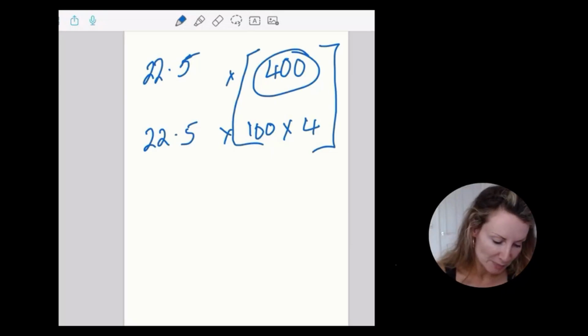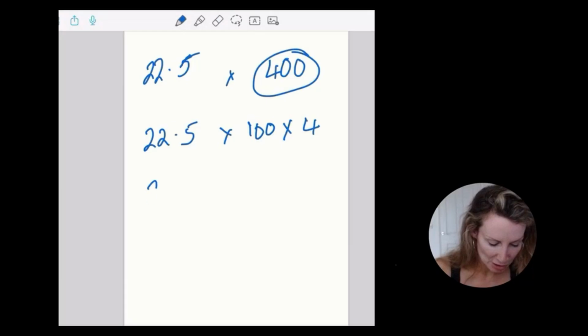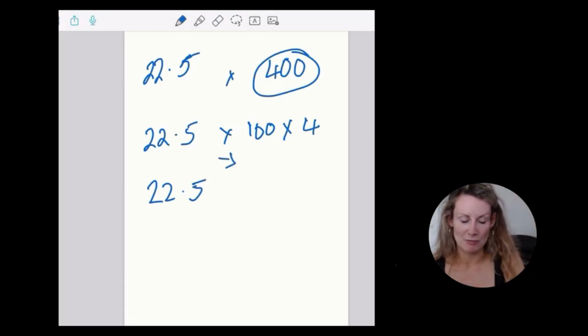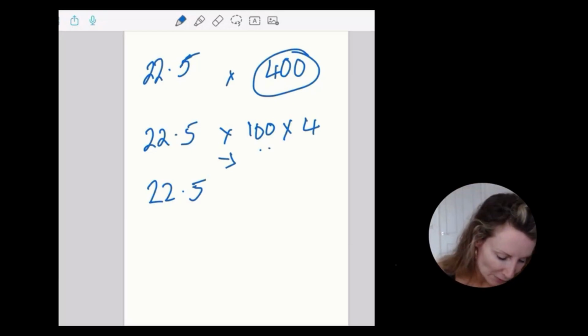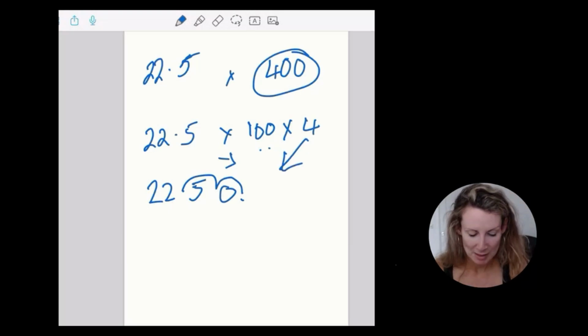So you do the first bit first. 22.5 times by 100. You move to the right, 1, 2 places, so the decimal point goes to the end. Don't forget to times by 4, because that was already there.